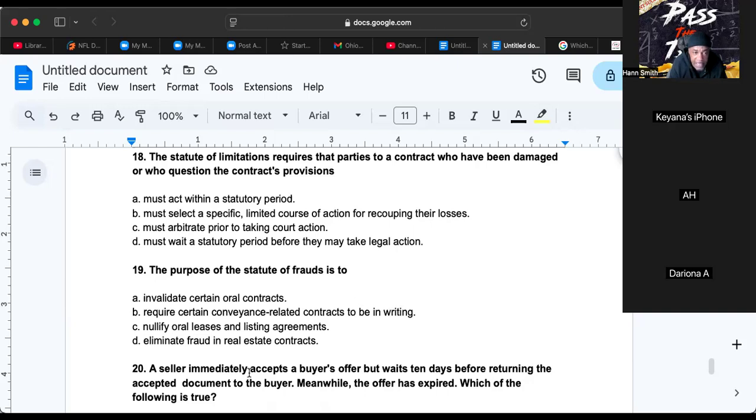All right. It says the statute of limitations requires that parties to a contract who have been damaged or who question the contract provisions: A, act within a statutory period; B, must select a specific limited course of action for recouping their losses; C, must arbitrate prior to taking court action; D, must wait a statutory period before they take legal action. I'm going to get rid of C. We haven't talked about this.